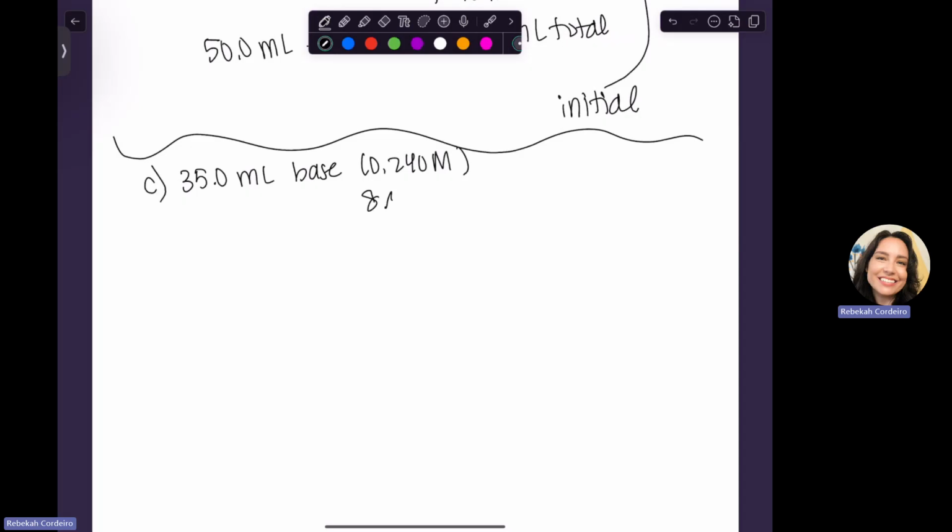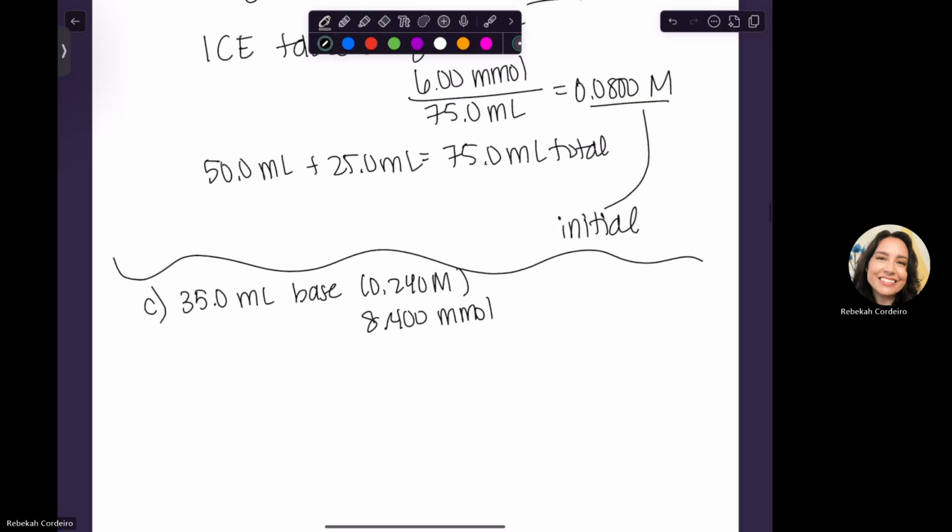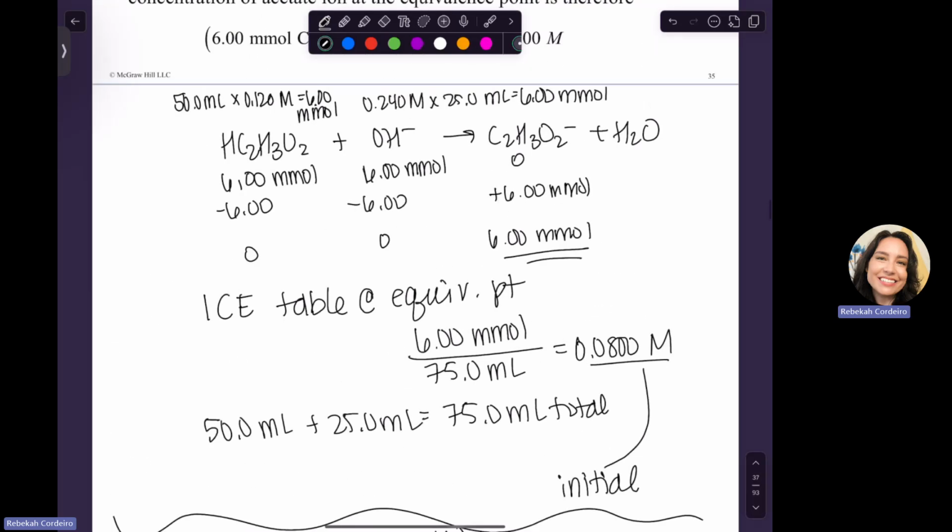That's 8.400 millimoles. So we used up 6, so we have 2.40 millimoles left over. Why do I know I used up 6? Because that's how much it took to neutralize, anything over that, right?